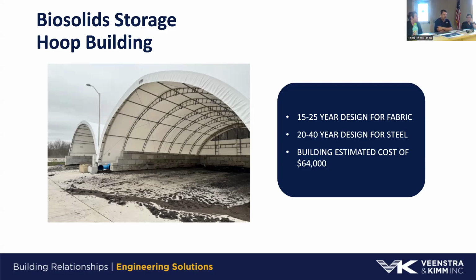The fabric life is 15 to 25 years, assuming you don't have a major storm that would cause damage, or just over time, it'll degrade from the UV. And then the steel also will degrade, just at a slower rate. But it's a substantial cost savings, roughly $64,000 for this same building.